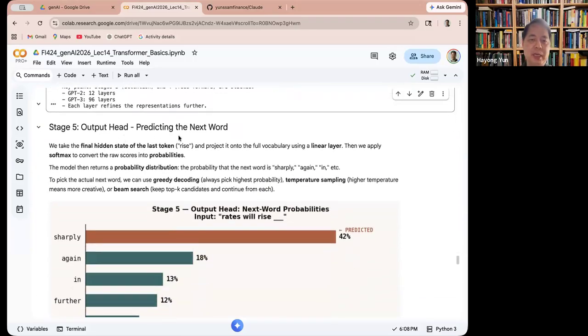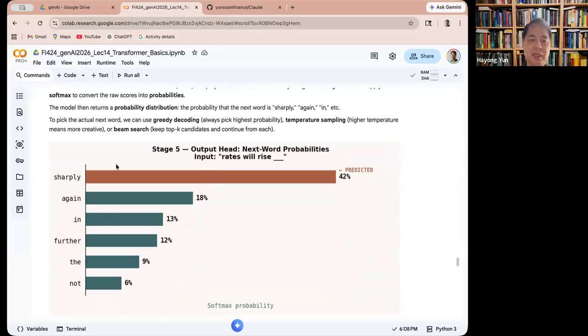And then we have the output head, which predicts the word. This is the final hidden state of the last token, projected onto the full vocabulary using a linear layer and the softmax to convert raw scores into probabilities. So there's a probability distribution. Over here, for example, for "the rates will rise," sharply is predicted the most.